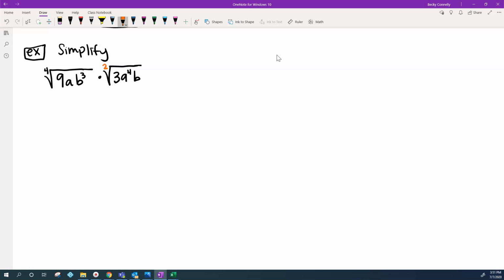All right, I think it's easiest to change these to the fractional exponents. So I'm just going to rewrite this so that I have 9ab to the third power, all raised to the 1/4 power. So first start off by changing these to rational exponents.